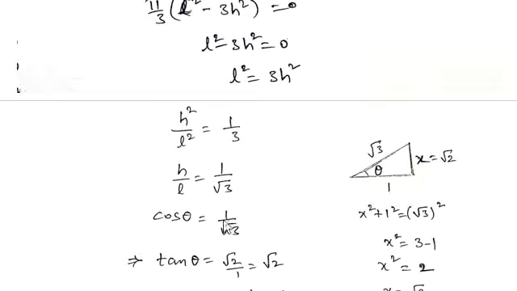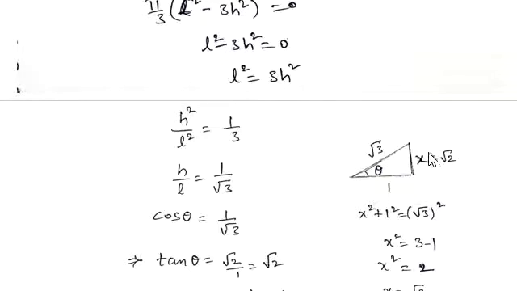Adjacent is 1 here and hypotenuse is root 3 from this cos theta. We don't know the opposite side, so let us assume it as x.